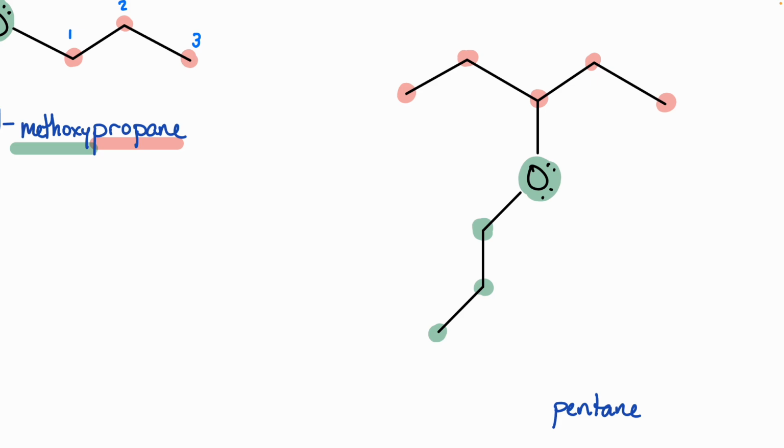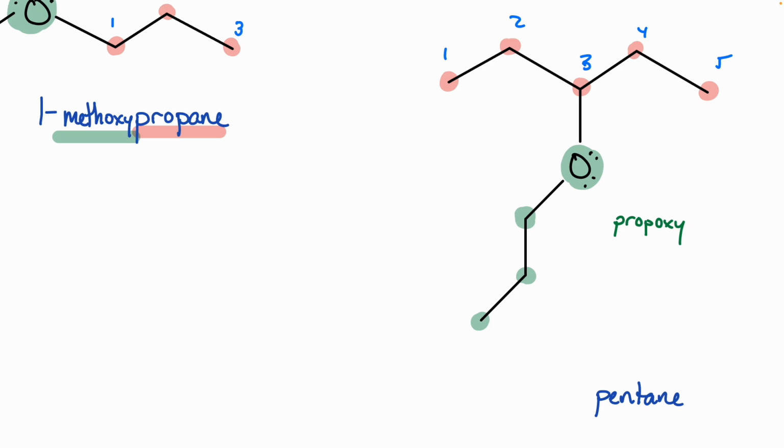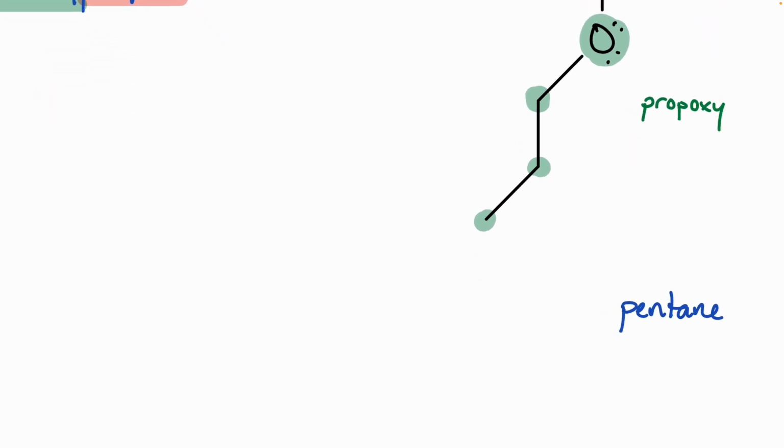That's 3 carbons long. All right, so when it was 1 carbon, it was a methoxy group. When it's 3 carbons, it's a propoxy group. All right, that prefix prop for 3 carbons. And then I'm going to make sure to include my numbering. That propoxy group is located on carbon 3, so that's 3-propoxypentane.